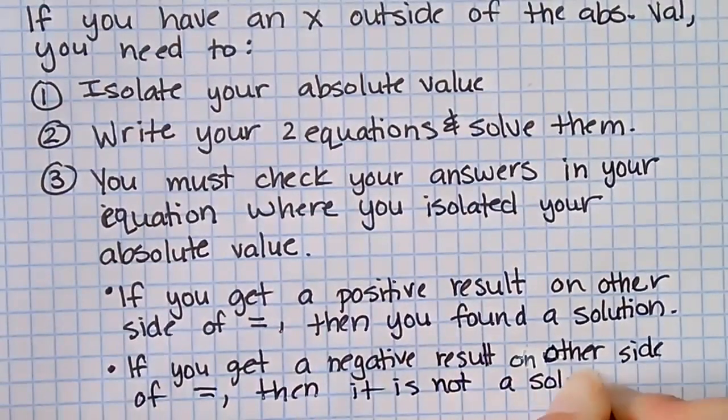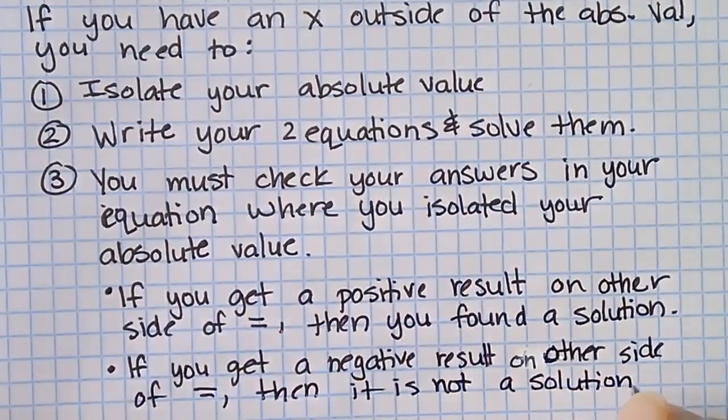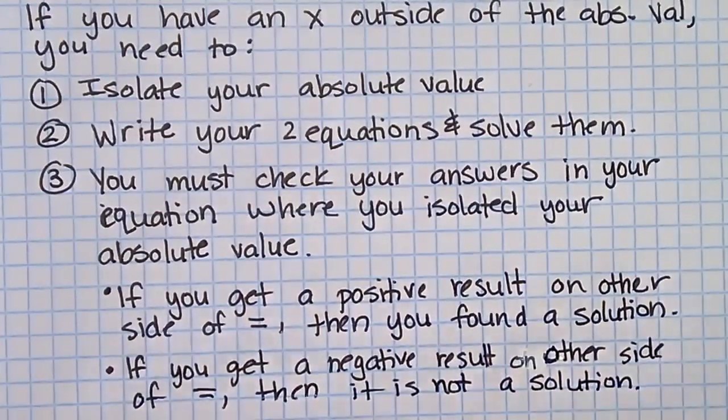I don't want to say no solution because you're going to have two different values you're trying. One of them may work, the other one may not. Both of them can work, or sometimes none of them work. So we're going to try an example.